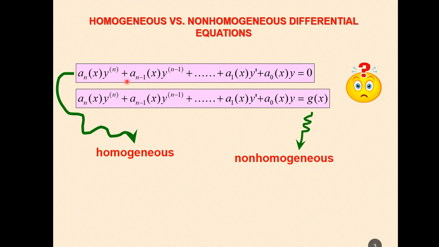When the left side is written in this form already, that is, you have derivatives of your unknown function and the unknown function itself having coefficients which could either be constants or functions of your independent variable x. These two then are the same of what appears here on the left side. They differ only on what's appearing on the right side.